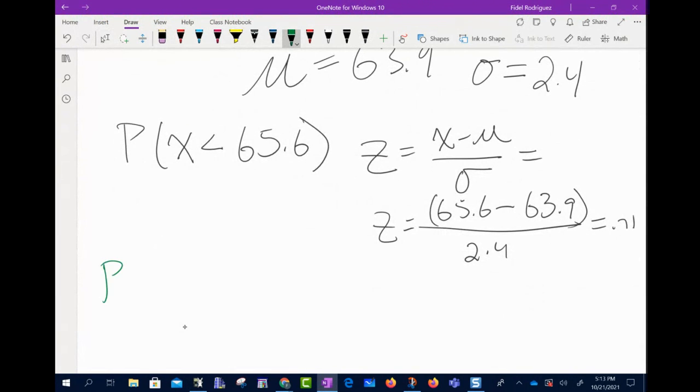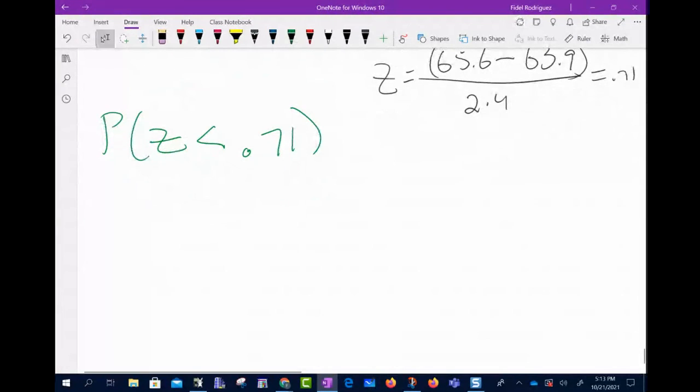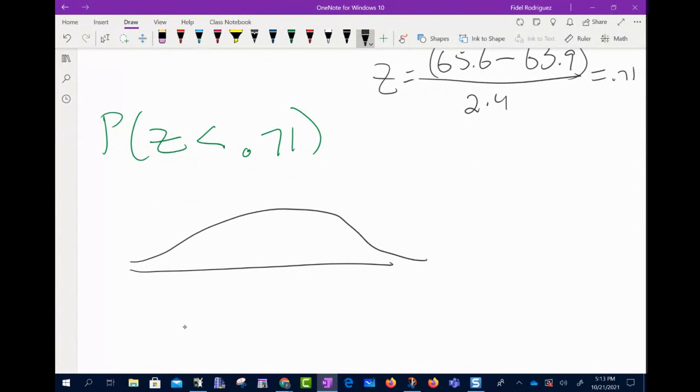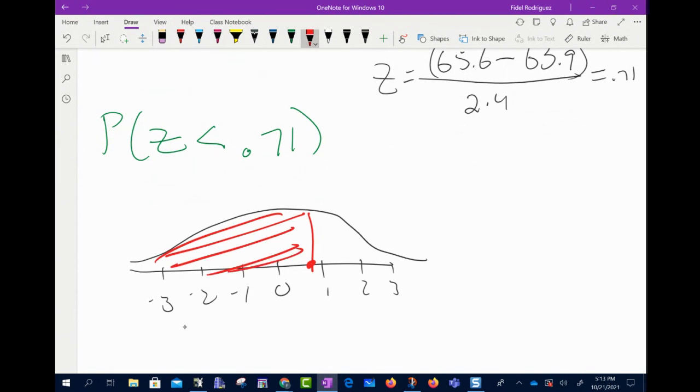I'm going to change this from an X to a Z. What's the probability that Z is smaller than 0.71? Okay. And so I'm going to use my calculator. I'm going to draw a picture first. Here's my 0, 1, 2, 3, minus 1, minus 2, minus 3. 0.71 is right about here. And we are finding the area to the left, right?